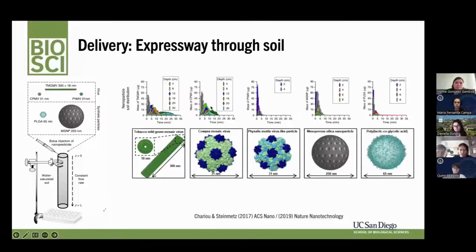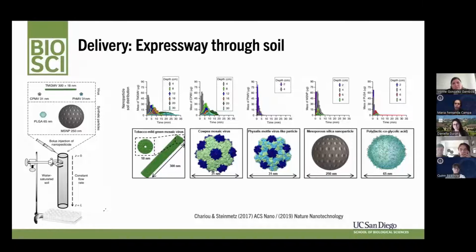As we can see here with the nanoparticle soil distribution, tobacco mild green mosaic virus, which is a close cousin of tobacco mosaic virus, was able to get farthest along in the soil, 30 centimeters in depth, which is where we find most of the nematodes that we are trying to attack.